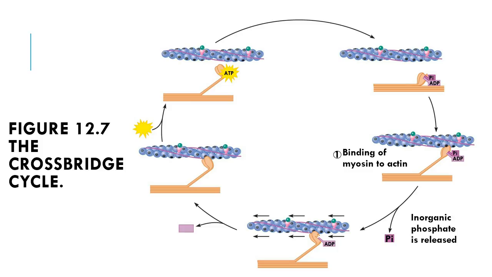Notice in panel 1 versus panel 2 how it's more relaxed, and then when the inorganic phosphate is transferred off, it flicks. It's bound to actin, so it's going to bring an actin molecule forward, however far the myosin head changes. Does that make sense at all?